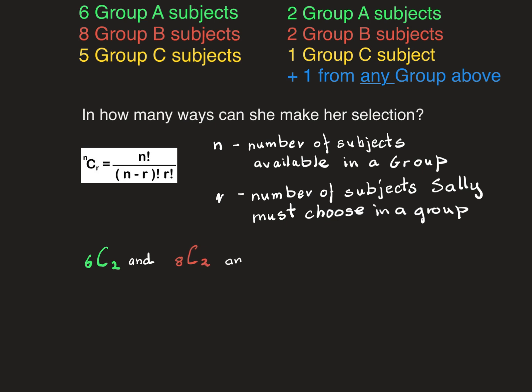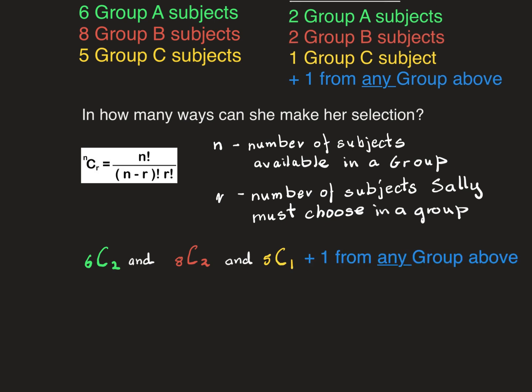And she also needs to do 1 subject from group C, and there are 5 subjects available, so it's 5 choose 1. And plus she needs to do 1 other subject, which could be in group C, or in group B, or in group A.